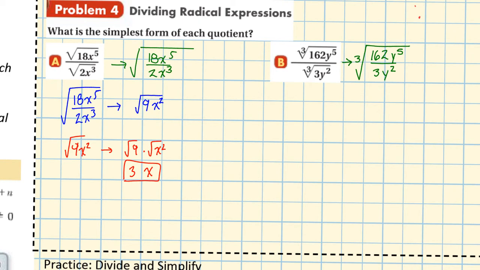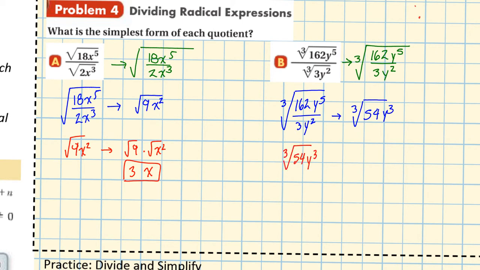So we can begin with the cube root of 162y to the fifth over 3y squared. And this is going to become, or simplify to, the cube root of 54y cubed.